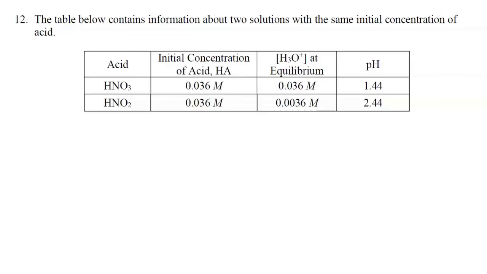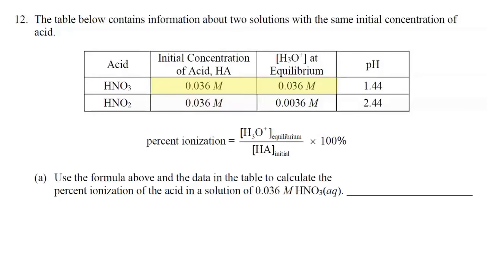It says the table below contains information about 2 solutions with the same initial concentration of acid. So in the second column of this table, the initial concentration of the acid is 0.036 moles per liter. I'm going to teach you a formula for percent ionization. The formula for percent ionization is defined as follows.